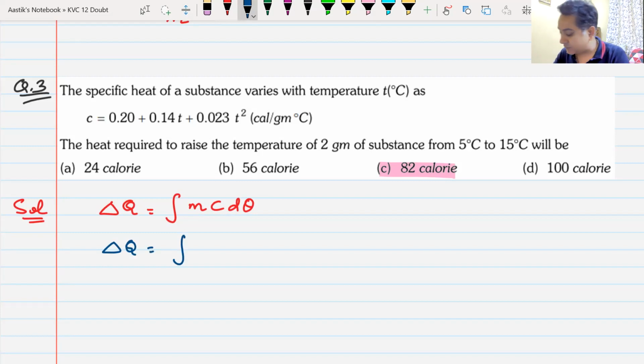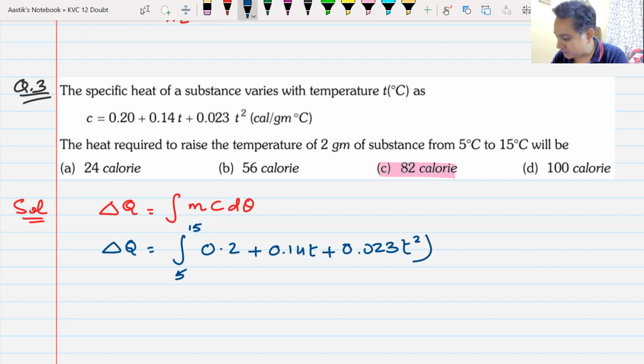So this is integral from 5 to 15. To put the limits, it will be 0.2 plus 0.14t plus 0.023 t square, dt, because they've written in terms of t.